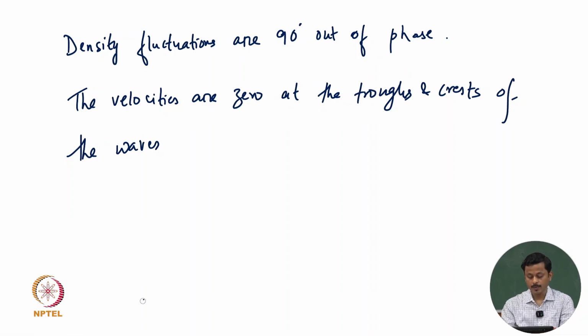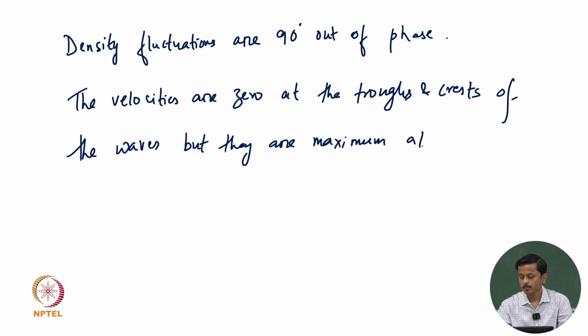Because density is out of phase with velocity by 90 degrees, troughs and crests of the waves are locations of zero velocities, but the velocities are maximum at lambda by 4 distance, one-fourth of the wavelength.